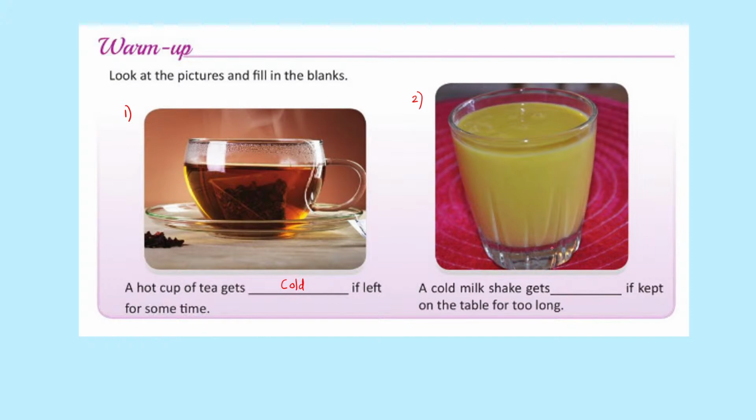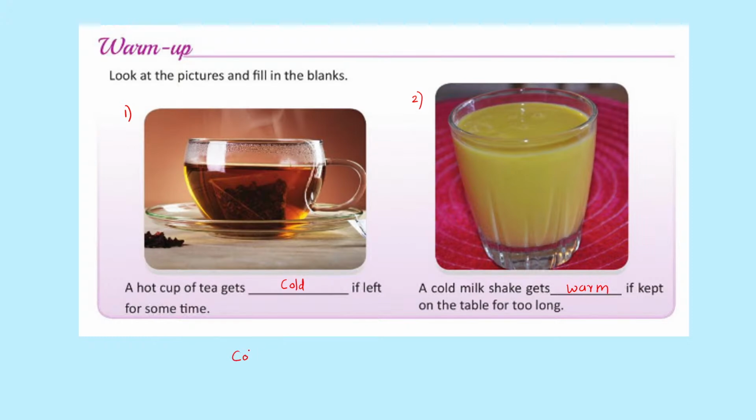This particular milkshake is cold. What will happen to this milkshake when you keep it outside? Will it remain cold only? Definitely not. It will become warm. So what is hot and what is cold?